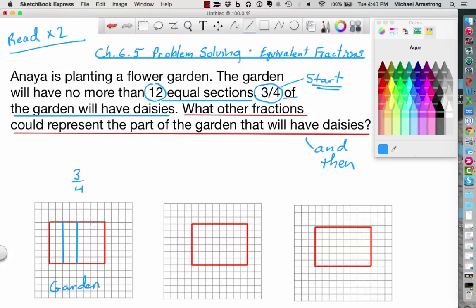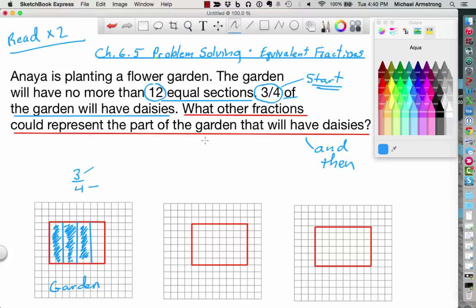So we're going to have these 4 rows, and I'll start coloring in. This is 1 section, 2 sections, 3 sections. That's 3 out of 4. That's what 3/4 looks like.